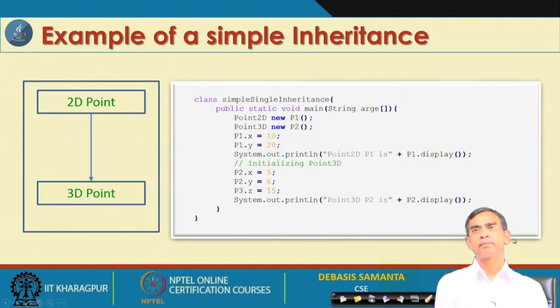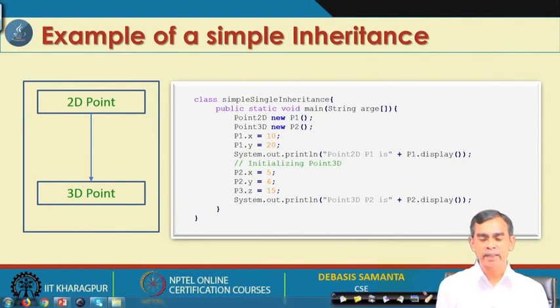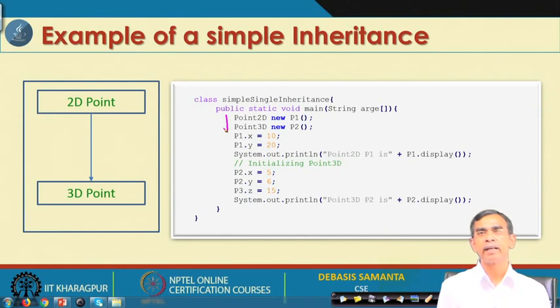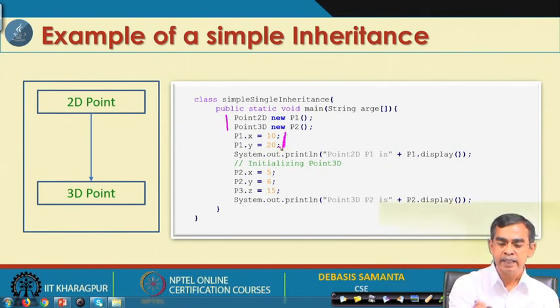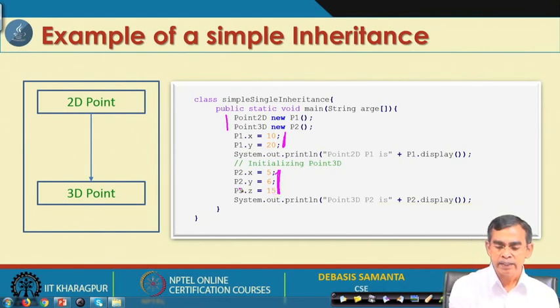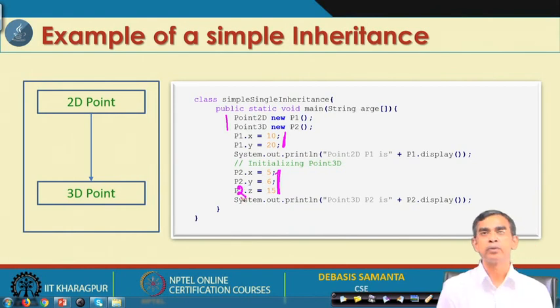And here is the main method that you can declare. If you look at this method a little bit carefully, you will see these are the objects that we have created for class Point2D and Point3D, and these are the initializations. Similarly, here is the initialization of Point3D, and this is the initialization of Point2D.